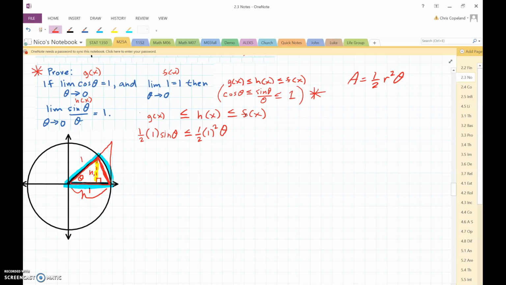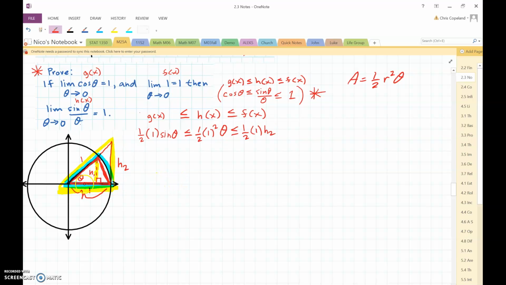F of x, I'll make that this yellow triangle here. Okay. Call this h sub 2. So that's going to be less than or equal to 1/2 the base, which is 1, and the height, which is h sub 2.